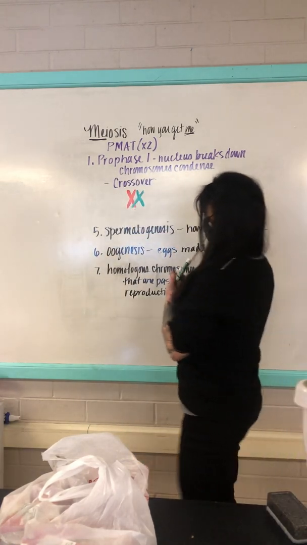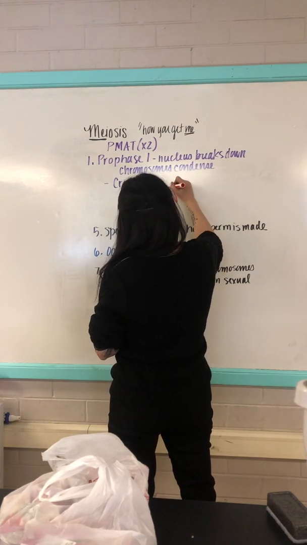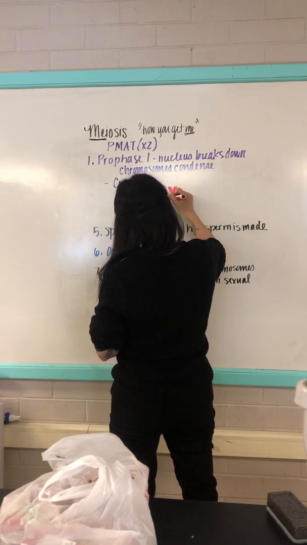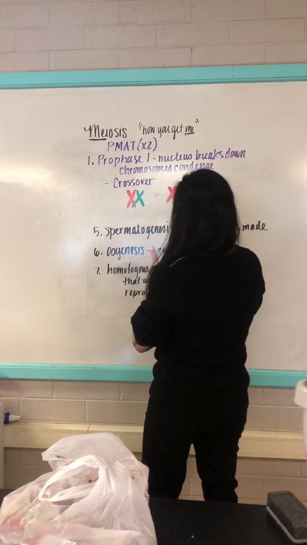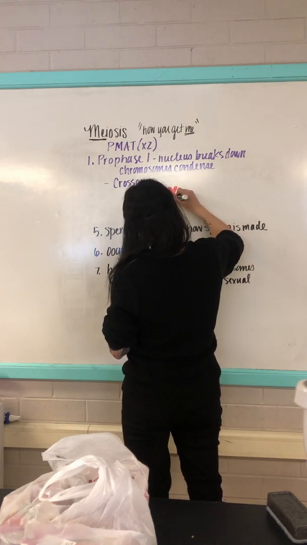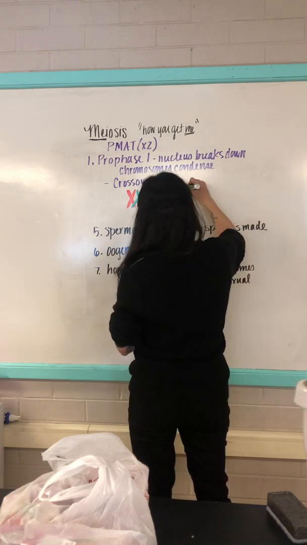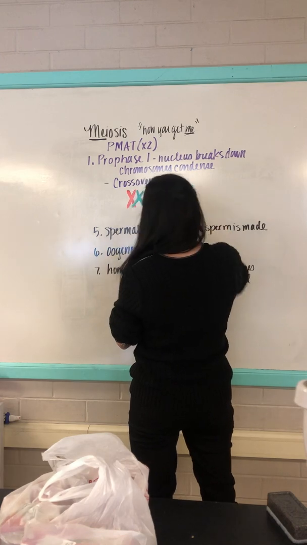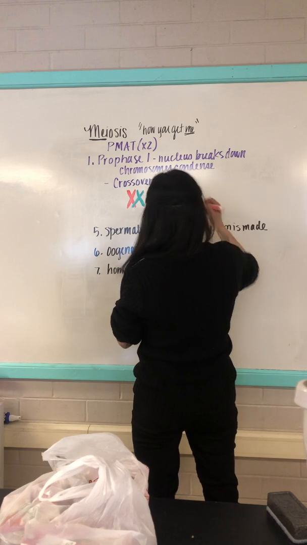What they're going to do is exchange information. After they cross over, this one will now have a little section of the green one in it. And the green one, where it touched the red one, will have a little section of the red in it. So it's just exchanged genetic information.